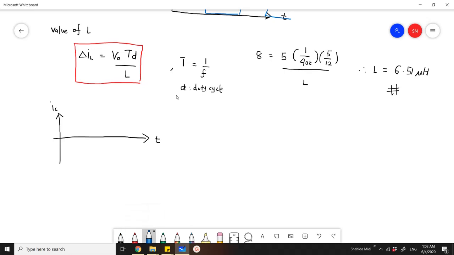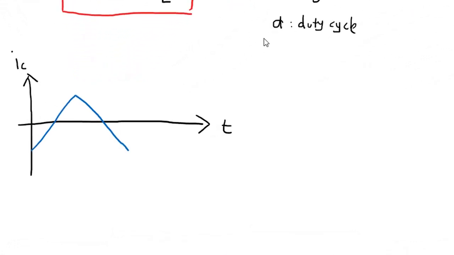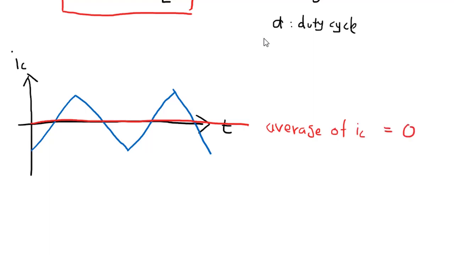For the capacitor current, the shape of the waveform is exactly the same as IL. But here, since the average value for the capacitor current will always be 0, the midpoint for this waveform will be at 0. So the average of IC is equivalent to 0 ampere.